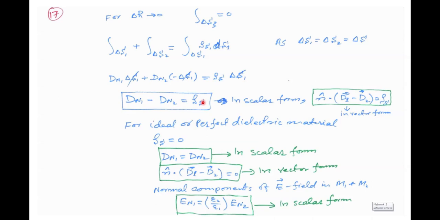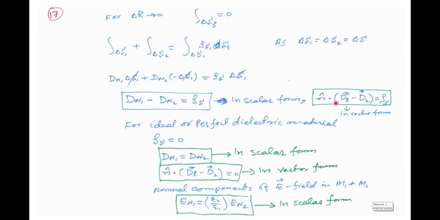This represents the boundary condition of the normal component of the D field at the interface between two different dielectric materials. If there are some free charges at the boundary, then these two components are discontinuous by that surface charge density. This is the representation of the normal boundary condition of the D field in scalar form.